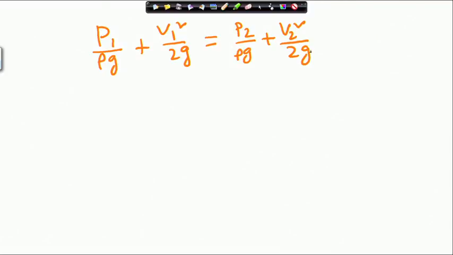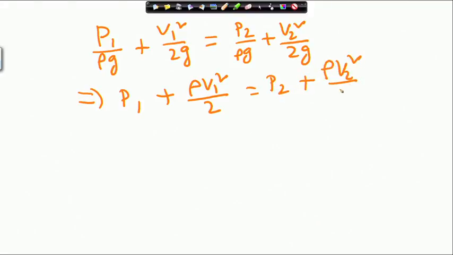If we multiply this equation throughout by rho g, I will get P1 plus rho V1 square by 2 equal to P2 plus rho V2 square by 2.